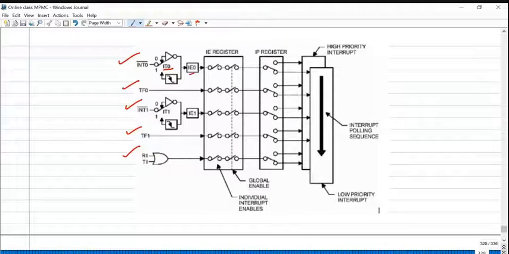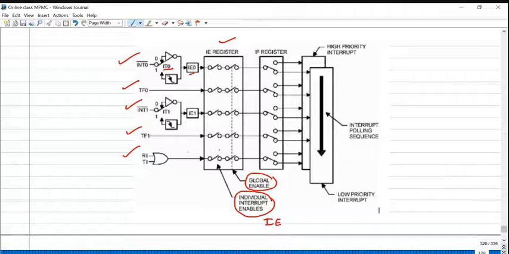Interrupt enable register, and similarly here also. Okay. So in the interrupt enable register, we can select a particular interrupt, or we can globally enable all the interrupts. Globally enabling is possible, or individual interrupt enabling is also possible with the help of the interrupt enable register.